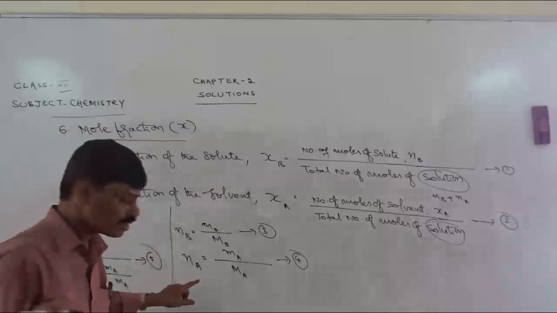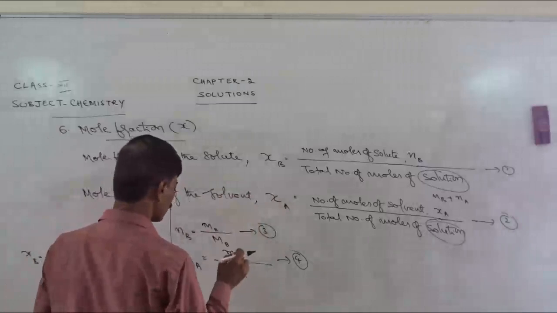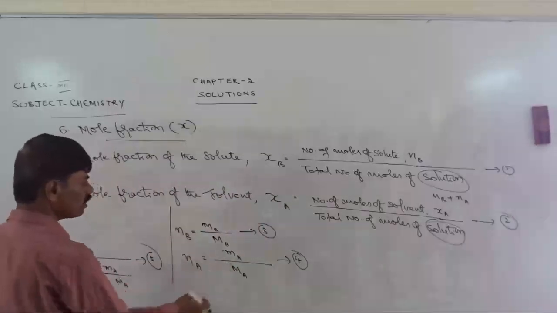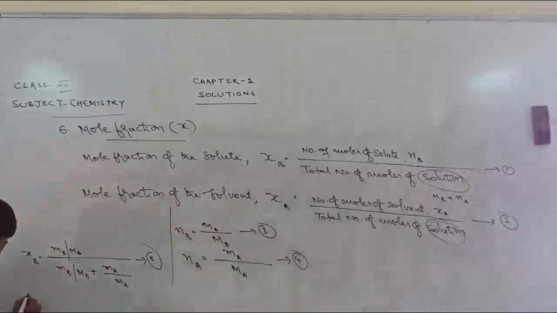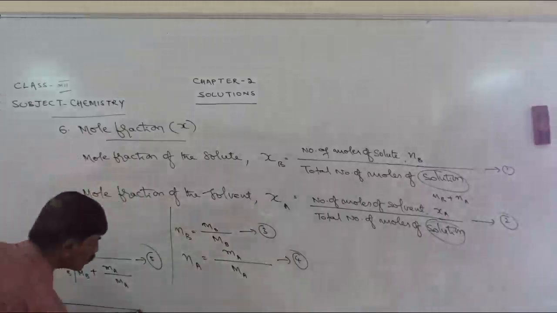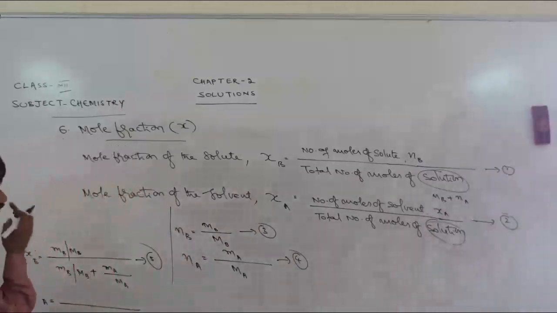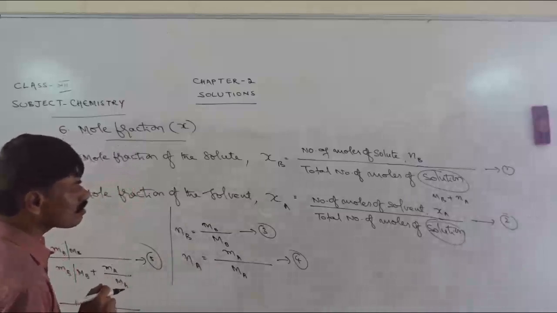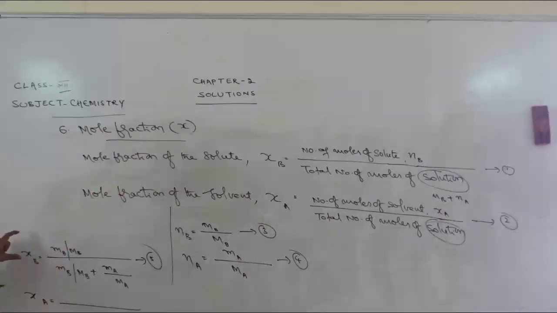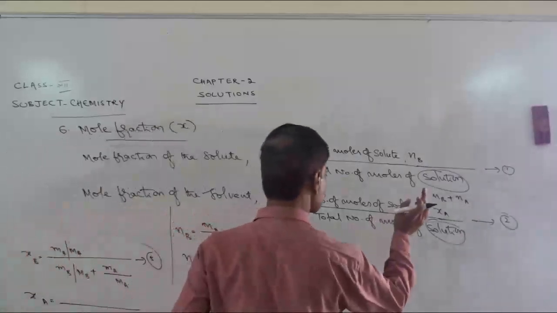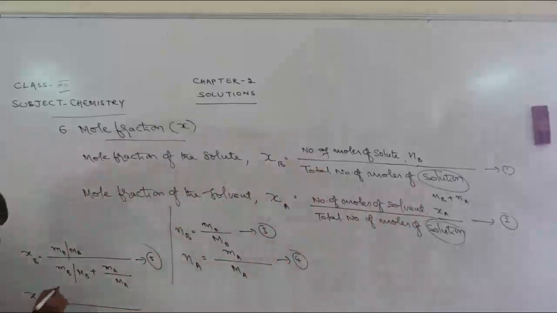Next, in the case of number of moles of solvent, we have the expression mA by MA. That we are going to substitute in chi A. So chi A is nothing but number of moles of solvent divided by nA plus nB.